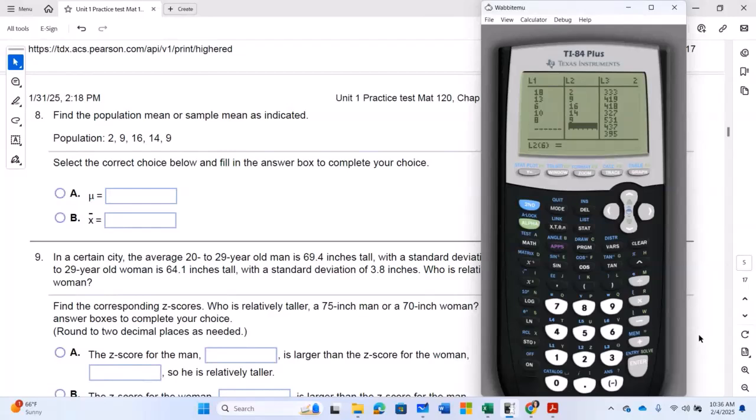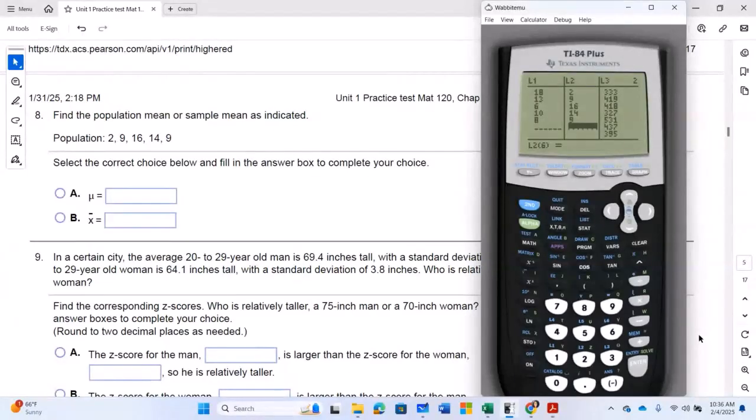I'm told to find the mean this time, and because this is a population, the mean I'm told to find is mu, the population mean.